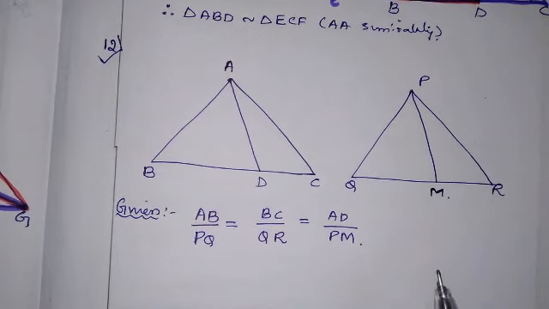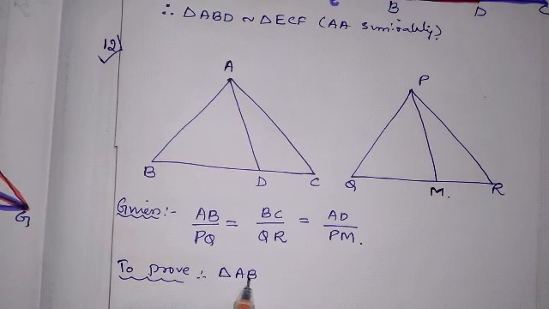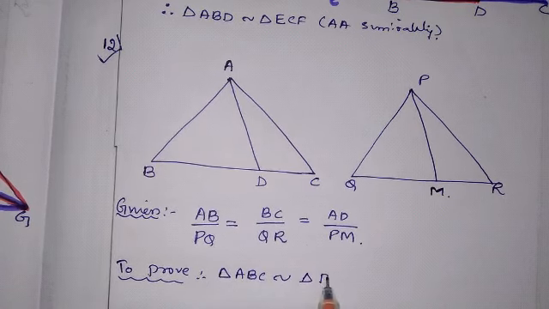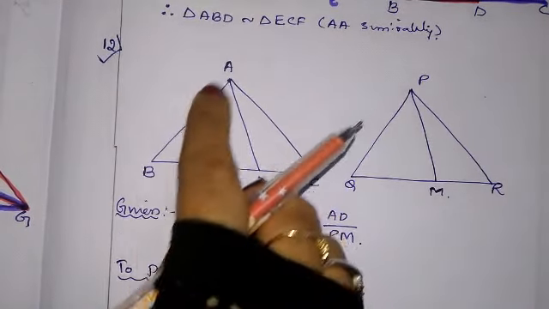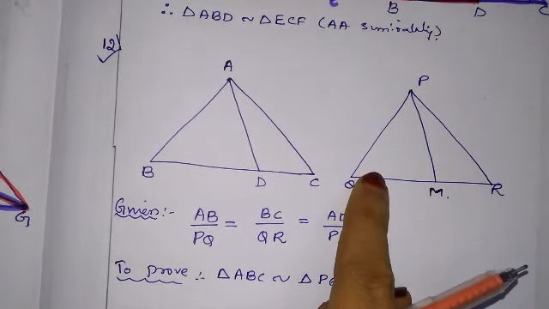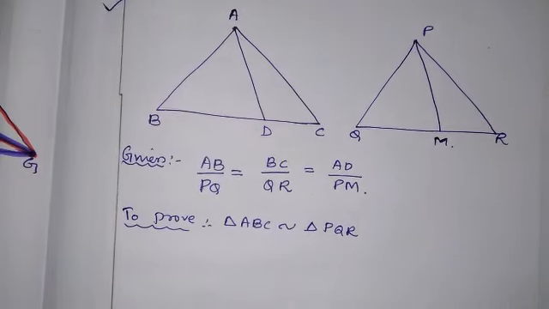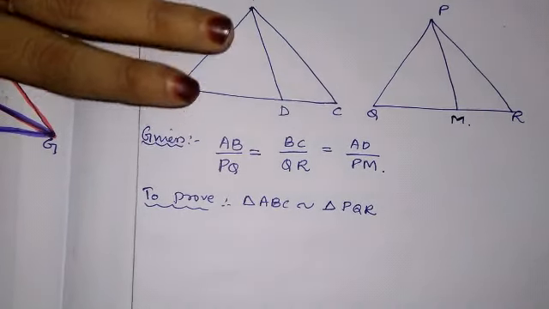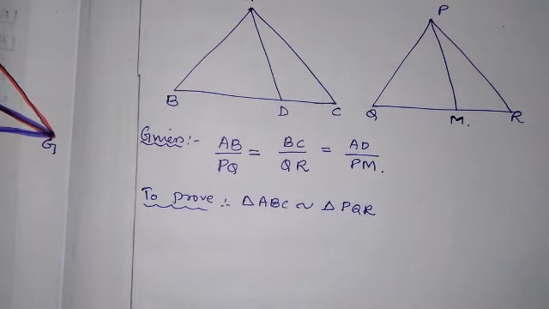But they have told us to prove triangle ABC is similar to triangle PQR. To make triangle ABC similar to PQR, all their corresponding sides should be in proportion, or any two angles, or two sides and one angle. Only two sides in proportion is not enough. If two angles are equal, then we can say similar.